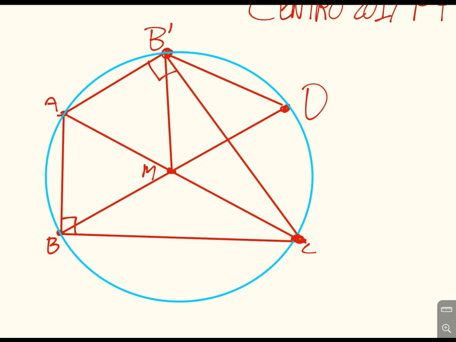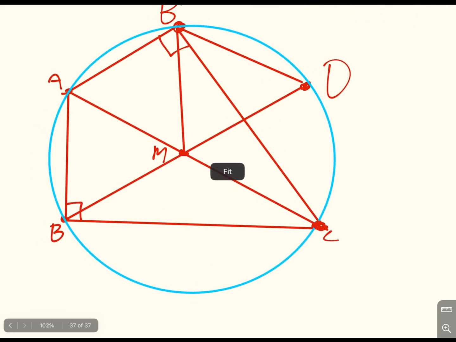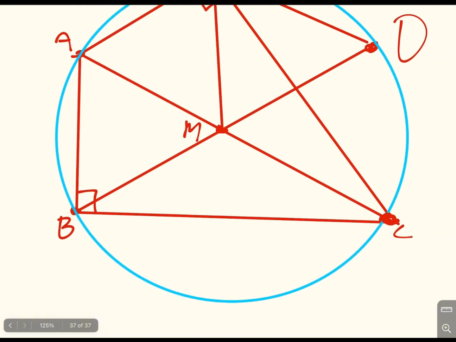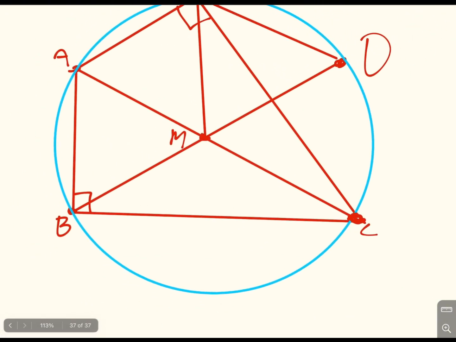But that's kind of proved already, because we can prove this pretty easily. We see that AC must be the diameter of the circle, because angle ABC is a right angle, and it's an inscribed right angle. So by definition, it must open on the diameter, and so the diameter must be AC.